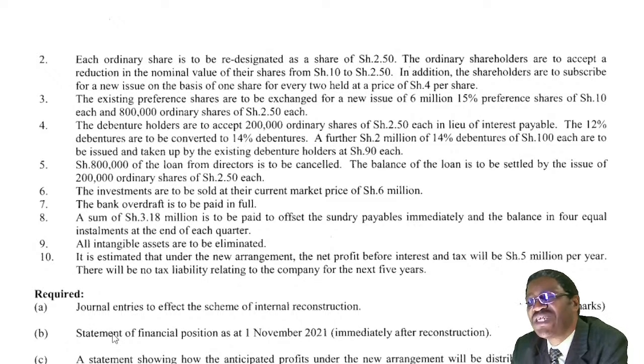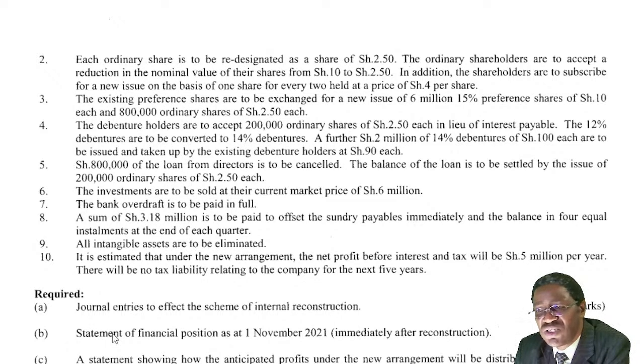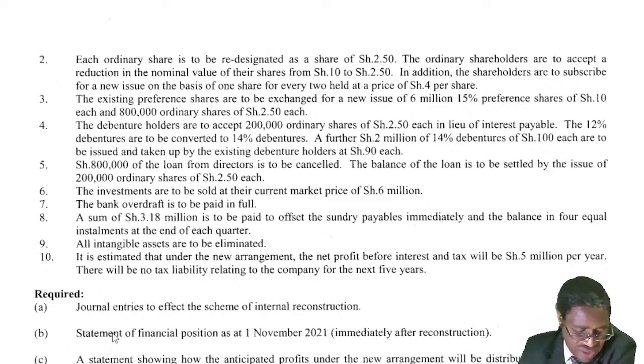How much are we receiving from the issue of these debentures? Terry says 180 million. I am waiting for somebody else. How much did we receive from the issue? Yes. Somebody says 1.8.